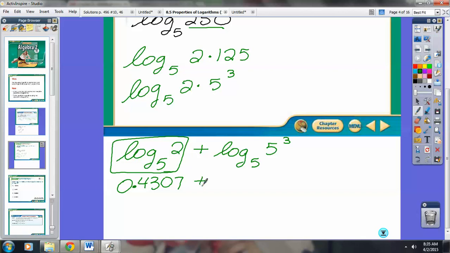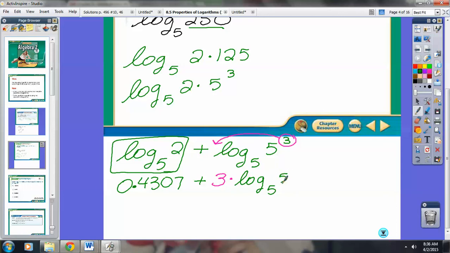Now, what about this one? First of all, what can I do with that 3? Put it in front. So let's rewrite that by putting our 3 in front. So we have 3 times log base 5 of 5. You know what log base 5 of 5 is. What is that? 1.